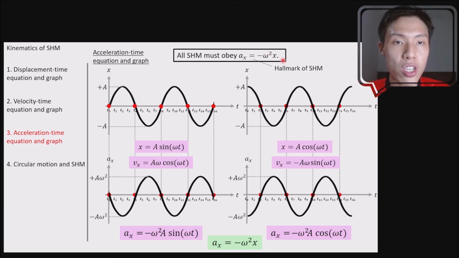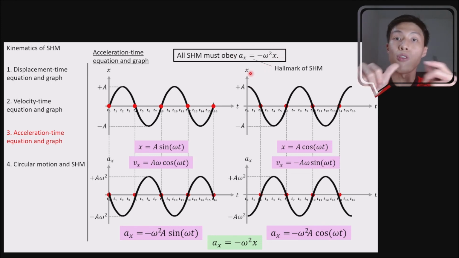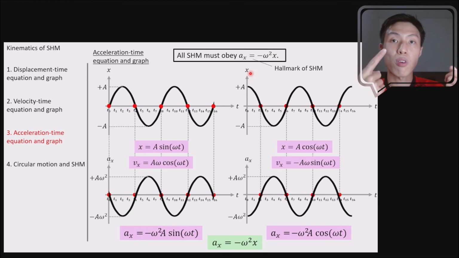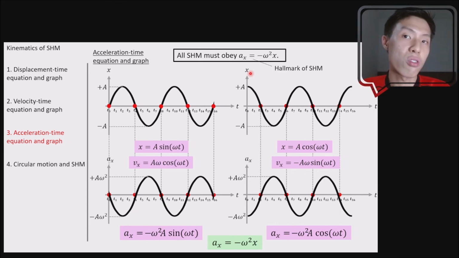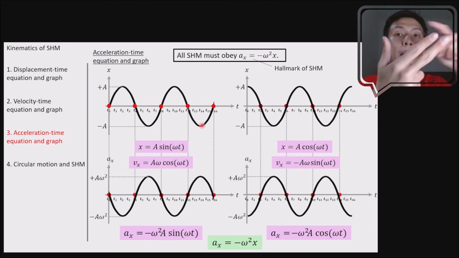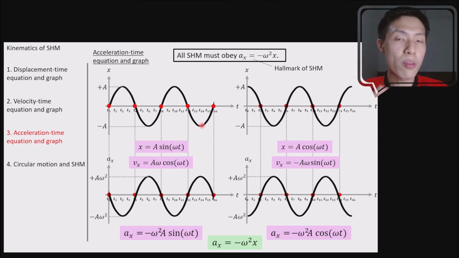If your motion obeys this hallmark of SHM, you see that the force and the displacement must be in opposite direction. You see criteria 1 achieved. You see that the force is directly proportional to the displacement. You see criteria 2 being achieved. And you see that the acceleration and the displacement must be in opposite direction. Criteria 3 will be achieved. All three criteria will be achieved if your simple harmonic motion obeys this equation.